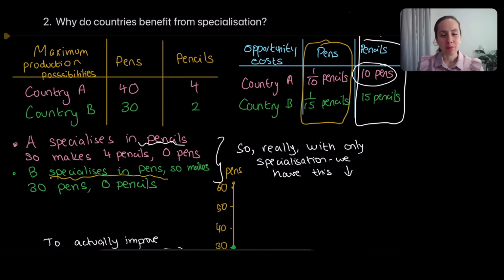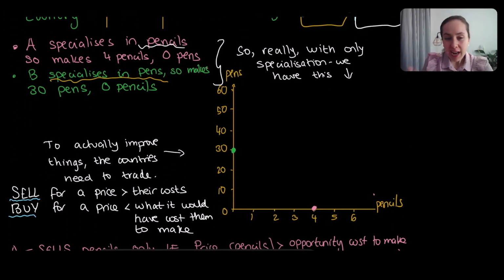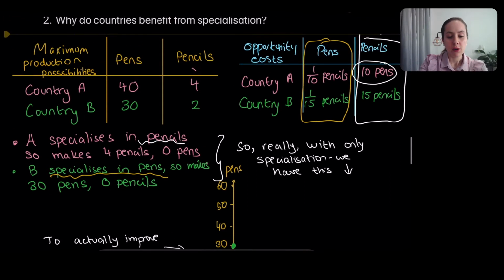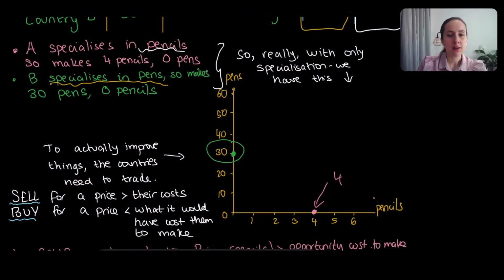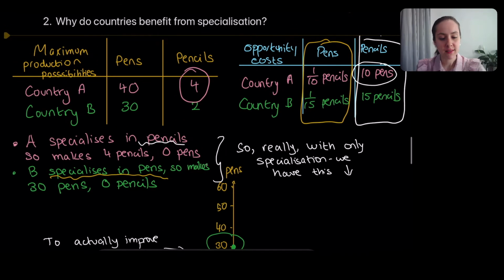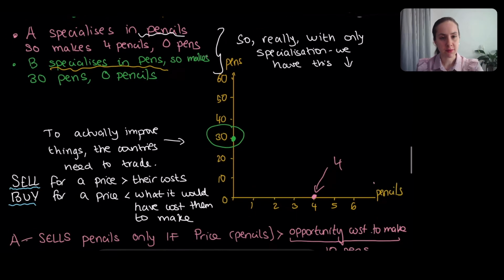When they specialize, I have this chart. A only makes pencils, so here I have a pink dot for A. We've just said that A should make only 4 pencils, from the table we've just seen. Country B can make up to 30 pens, and again, that's from that table.